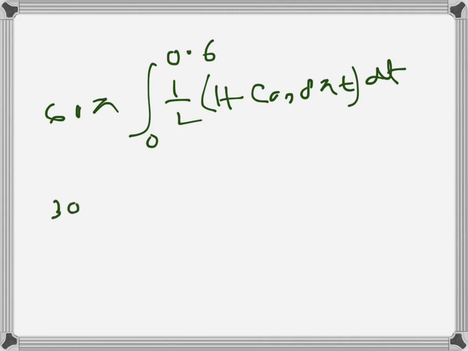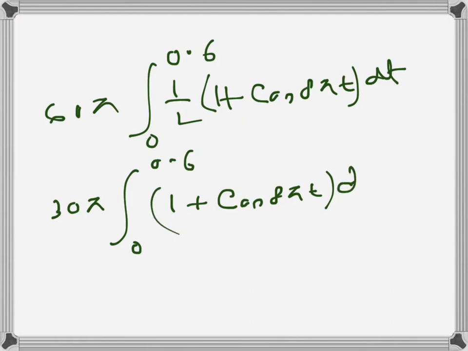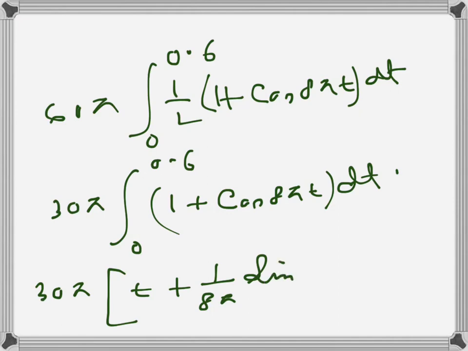If we take the half outside the integration, it becomes 1 + cos 8πt, dt. Once we integrate it, it becomes t + 1/(8π) sin 8πt, with 0.6 as the upper limit and 0 as the lower limit.